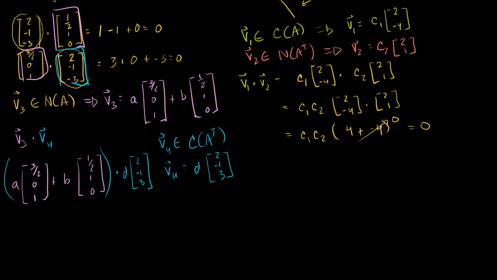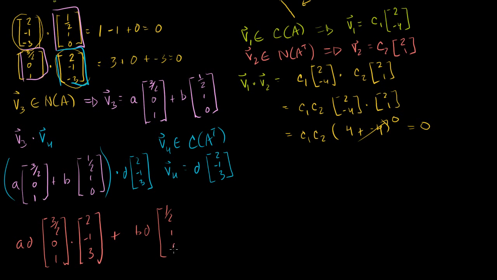So this is going to be equal to, I'll skip a few steps here, AD times the dot product of (3/2, 0, 1) dot (2, -1, 3), plus BD times the dot product of (1/2, 1, 0) dotted with (2, -1, 3).